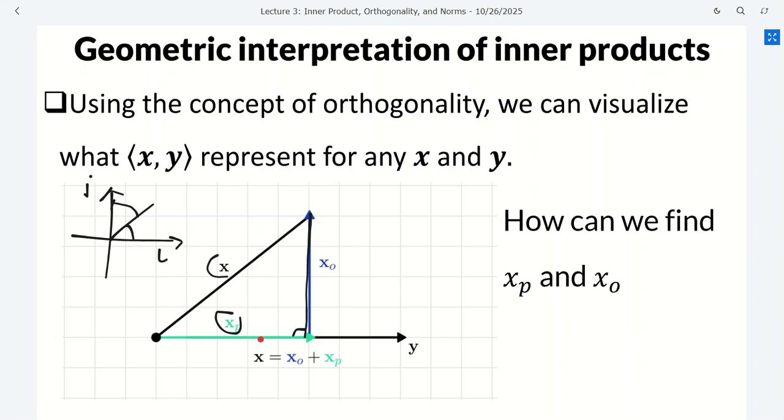Now, if here is my xp and here is my x naught, from vector addition, we will see that moving from here to this place is the same as moving this route. So your x is equal to the x naught plus the xp, which makes sense.